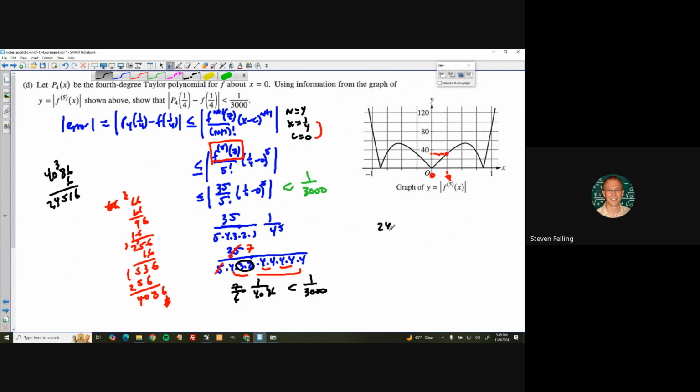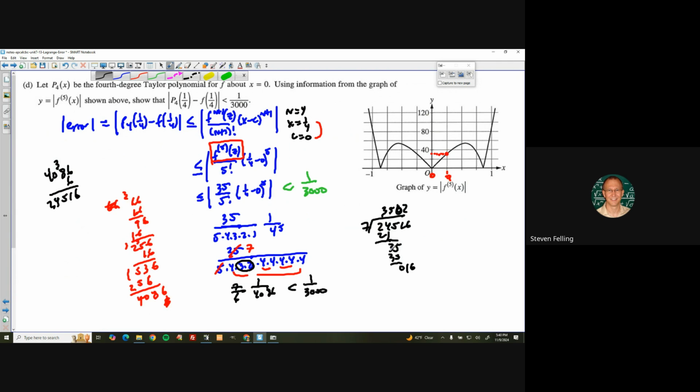So 24,576 divided by 7 is, let's see, 7 times 3 is 21, 3, 7 times 5 is 35, 7 times 0, and then this is 16, 7 goes into that 2 times.